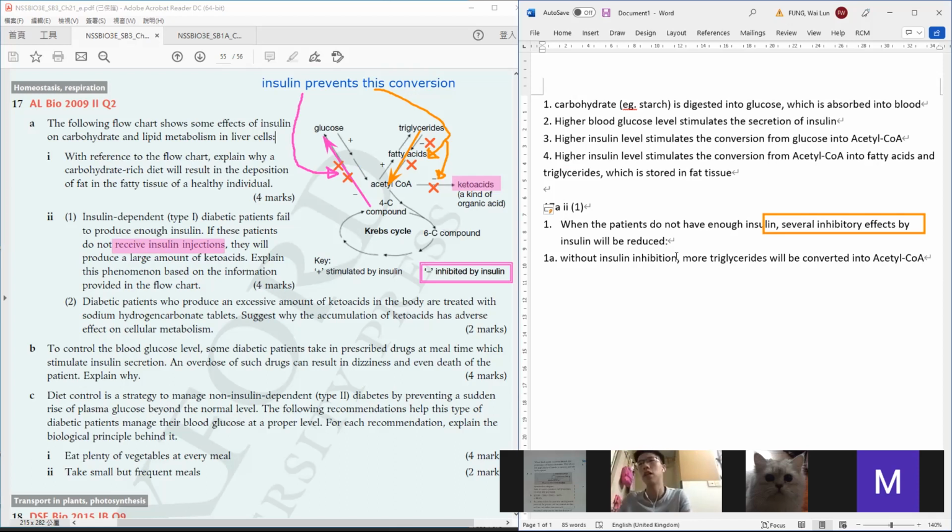So this orange arrow occurs a lot. You produce more acetyl-CoA. I use orange to highlight this.